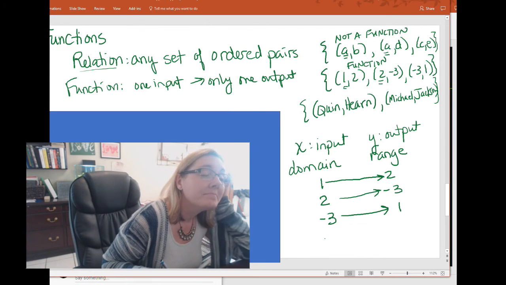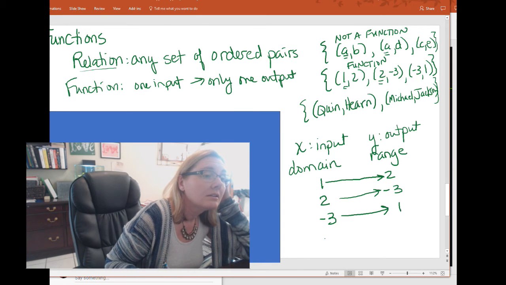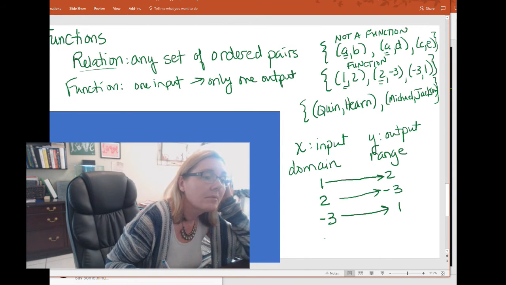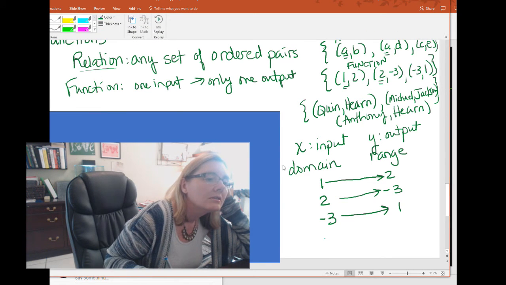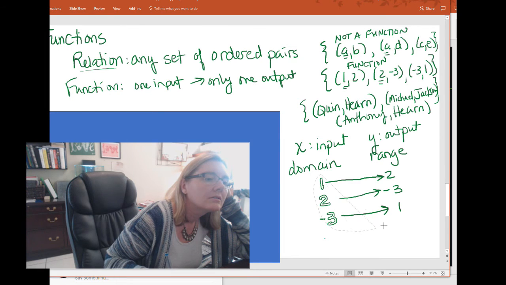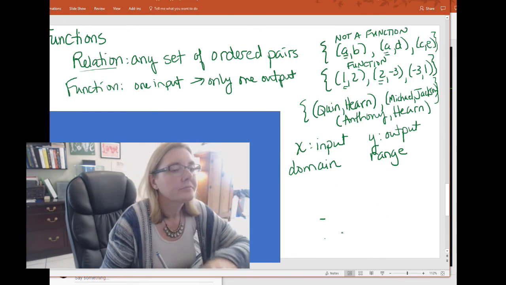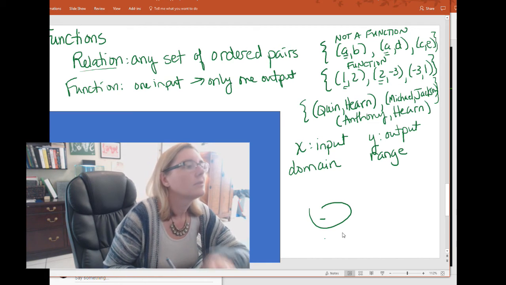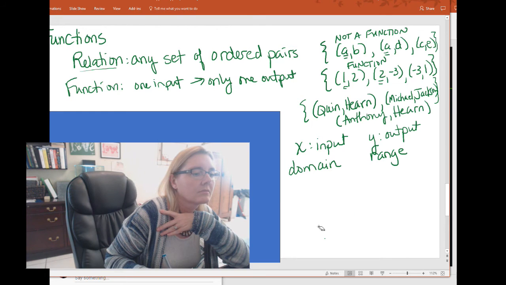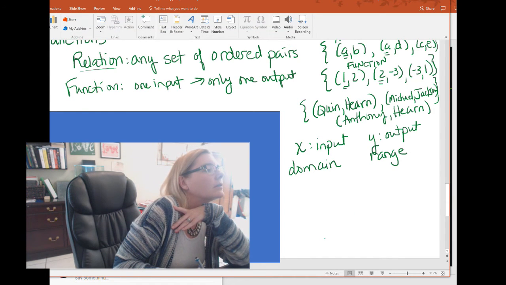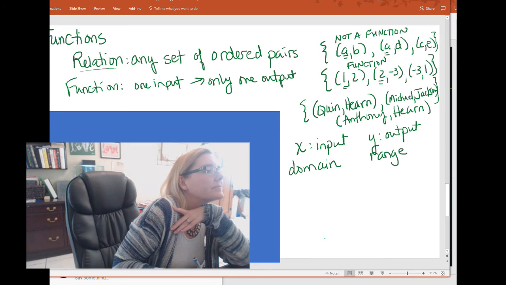All right, so let's do the third set, but actually I'm going to add a person to the third set. I'm going to add my husband, Anthony Hearn. Okay, so for the third set, sorry about that.